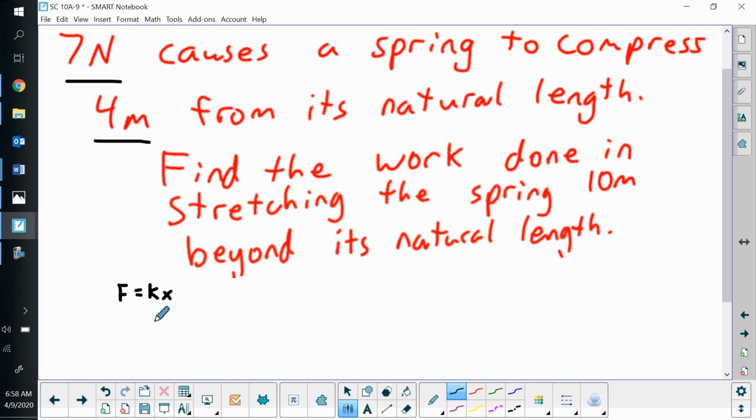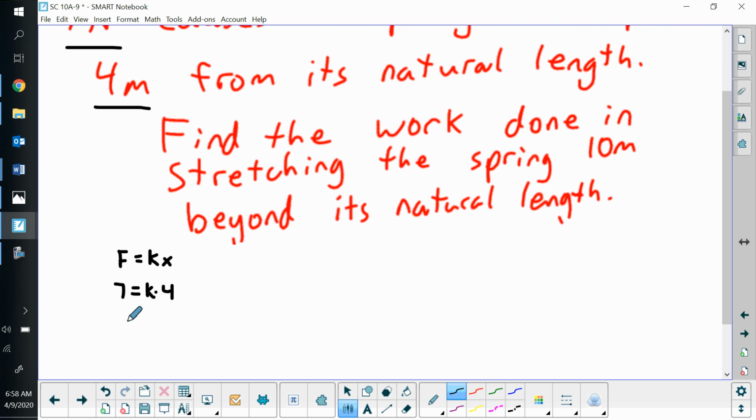It doesn't matter if that's a compress or a stretch, we just put it in as force. So we've got 7 newtons for our force equals K times 4. If we divide the 4 over, we get that 7/4 is K. So our force equation then is just F equals 7/4 x.